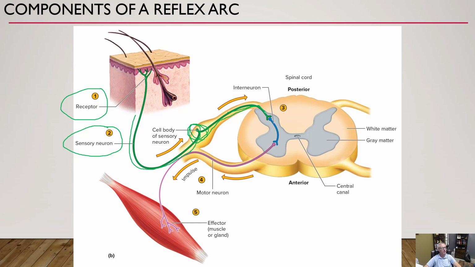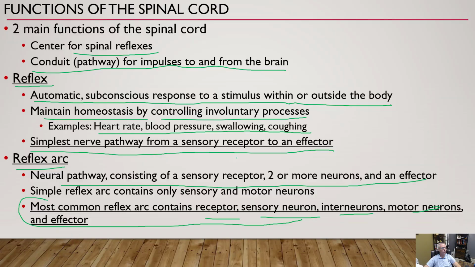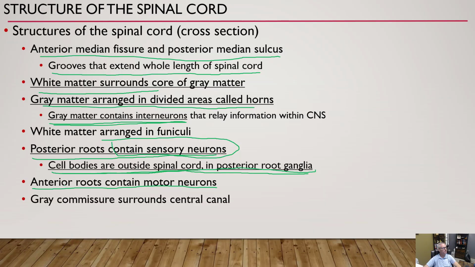So they travel into that posterior horn of the gray matter where they link up with the interneuron, and then that interneuron links up with that efferent neuron or that motor neuron, and that motor neuron leaves through that anterior root.